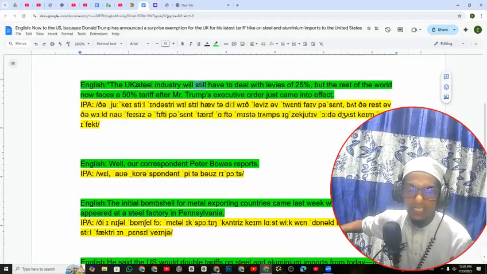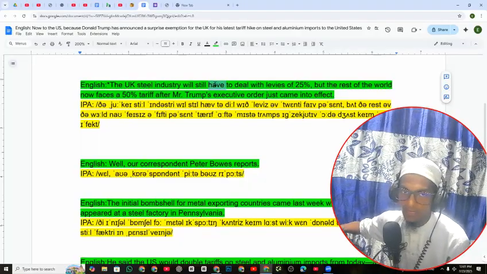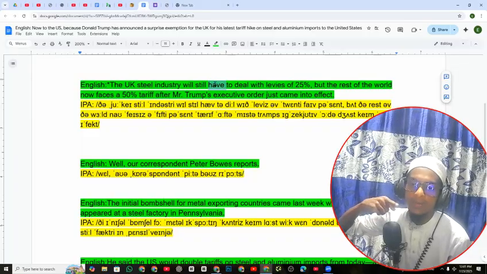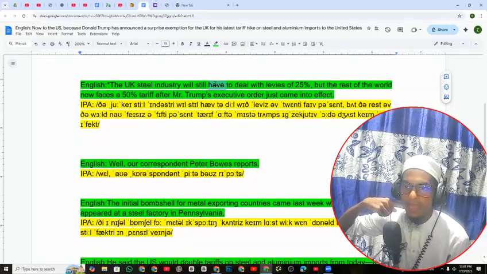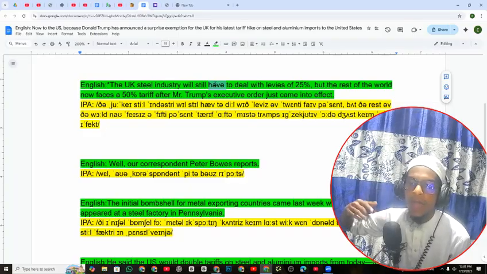It is pronounced steel, and it is still. The UK steel industry will still have to deal. Have is a little tough pronunciation, have, because when you start the pronunciation, you need a sound from a deep ha, and the last sound will be a va, and the last e will be silent. So have.